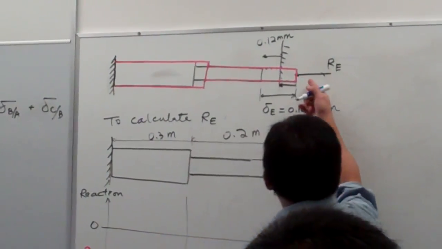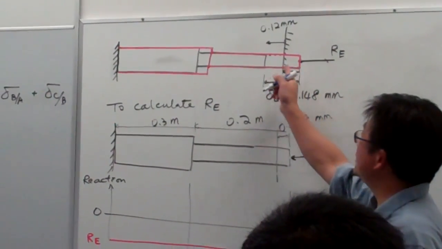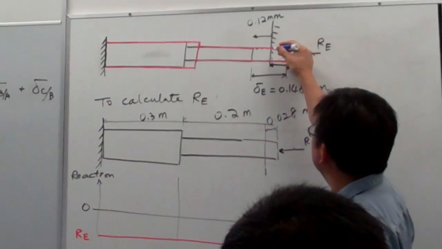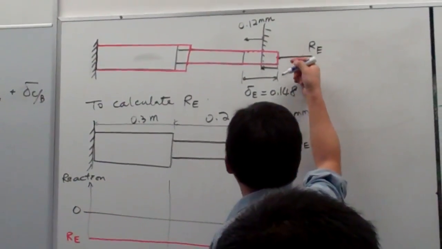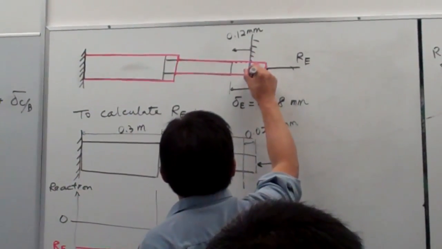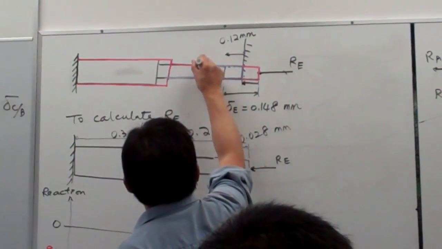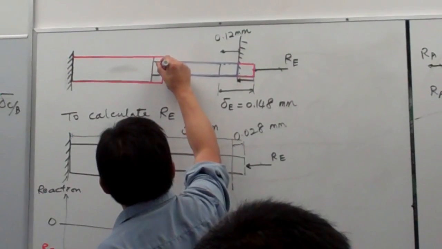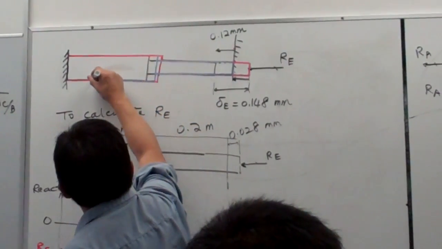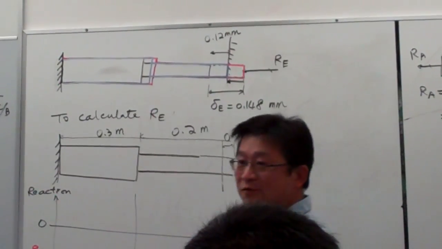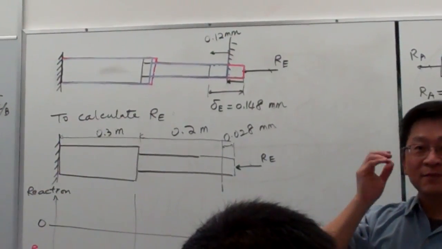RE is applied to the virtually deformed model by maintaining this side at the wall here. So RE is pushing back a little bit. Can you see what I want to say?